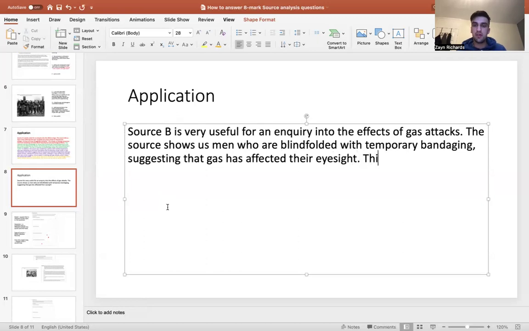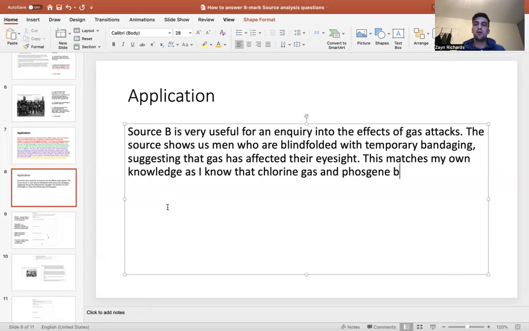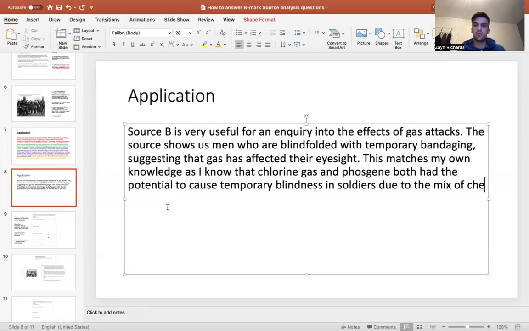This matches my own knowledge, as I know that chlorine gas and phosgene both had the potential to cause temporary blindness in soldiers due to the effect of chemicals on human skin.